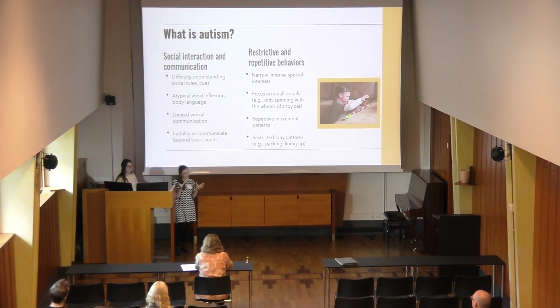Now these are very, very broad categories, such that the social interaction difficulty piece could look something like a child having minimal ability to speak verbally, maybe using picture cards to communicate or sign language, but it could also be that someone has full verbal communication but struggles to read social cues. So there's a very wide range of what this can mean.